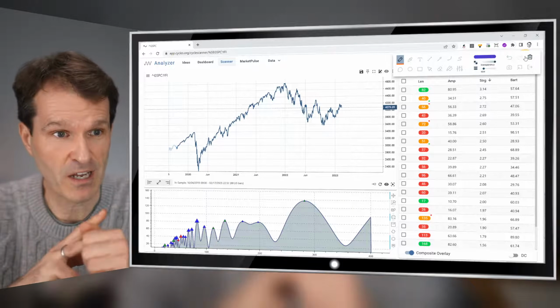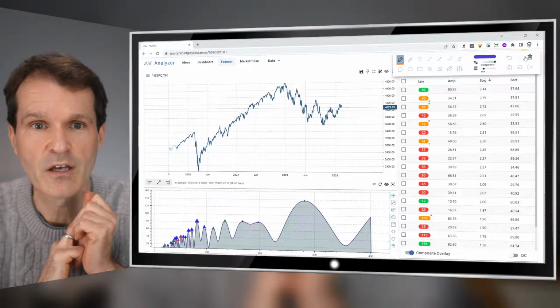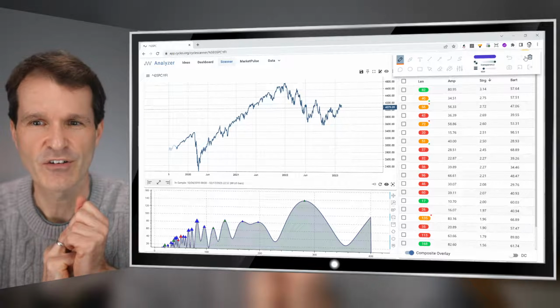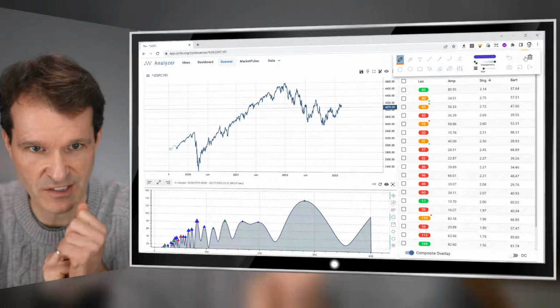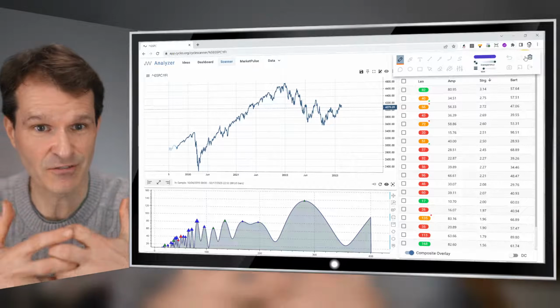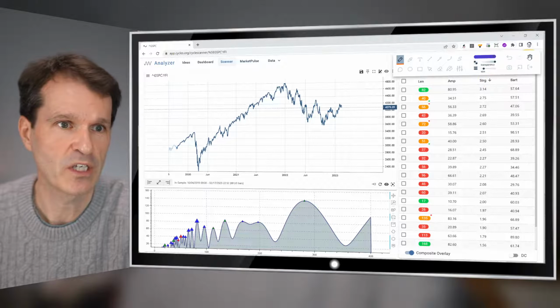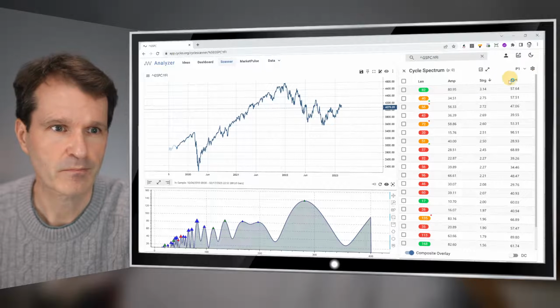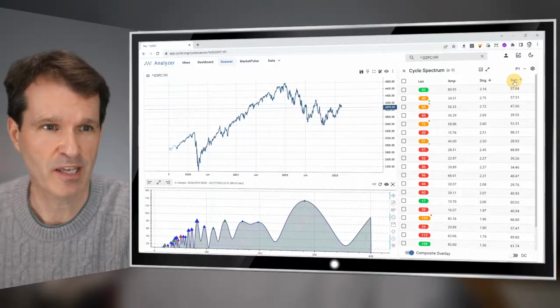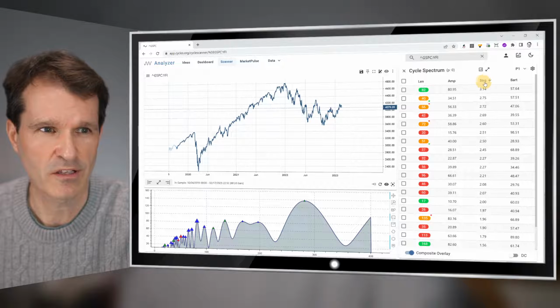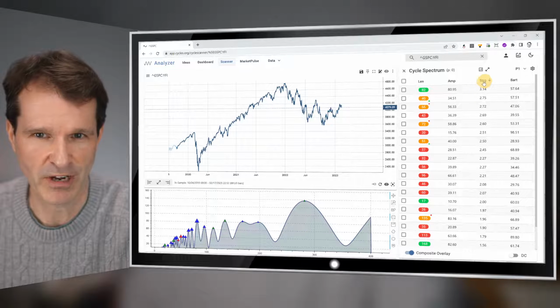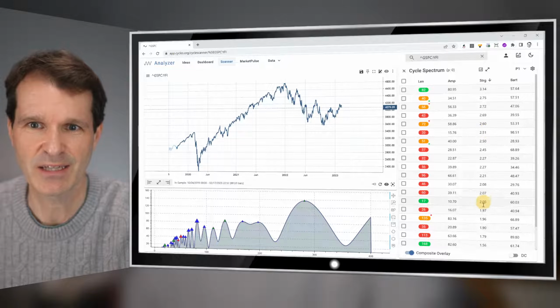Rule number 5 now, we bring the so-called cycle strength into play. The cycle strength is another measure, which is shown here in the upper right of the table. The strength can be seen by the strength score, which is listed in the table here.